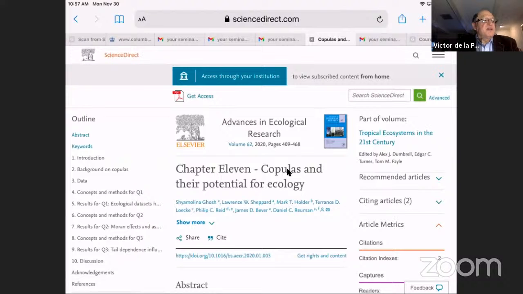It was published just in 2020. I think it is an important paper for our project, if you're interested in copulas and ecology, because here they provide some ideas as to where you might apply it.